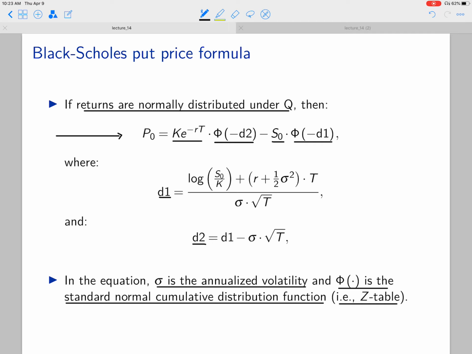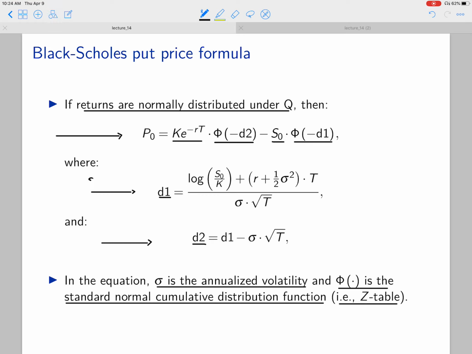Computing the Black-Scholes put price from this formula is just simple plug and chug, but it can get a little messy because of all these inner terms, such as the D1s and the phi's. And so the way I usually like to do it, just like the call, is to do a three-step process. In the first step, I calculate D1 and D2.